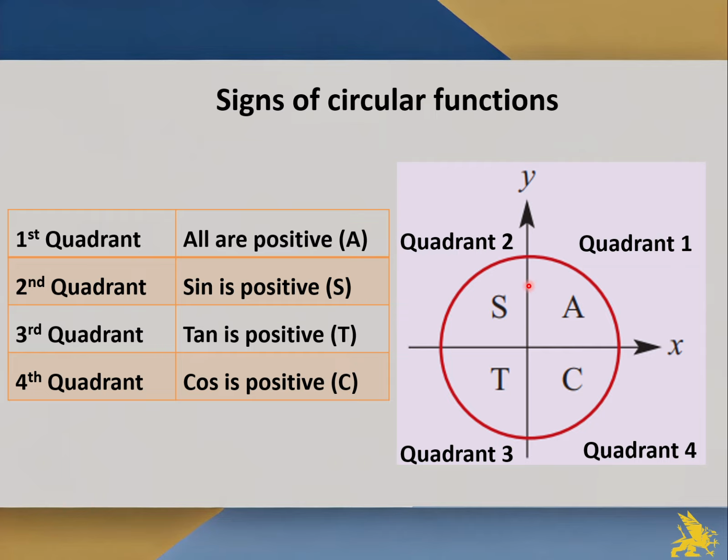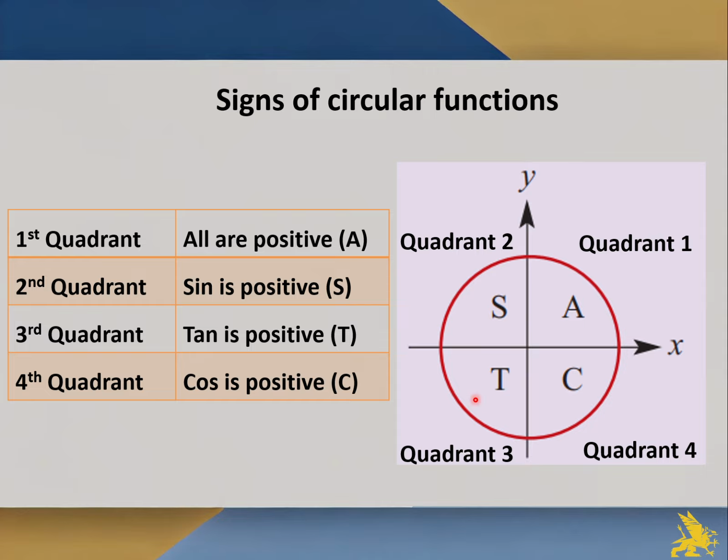And if we do tangent, a positive divided by a positive, we get positive. That's why everything is positive here. If I move to quadrant 2, the y, which is our sine, is positive, cosine is negative, and for tangent, a positive divided by a negative is negative, which means the only thing that's positive here is sine.